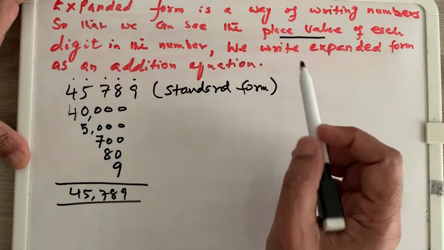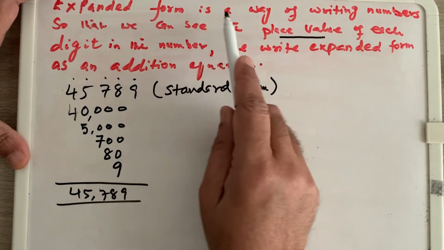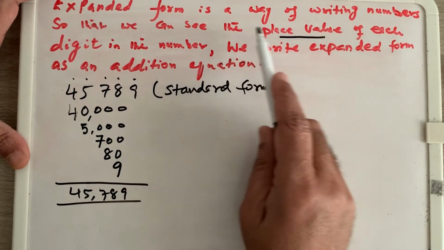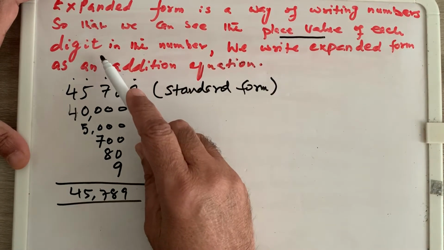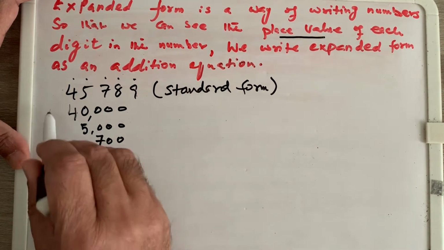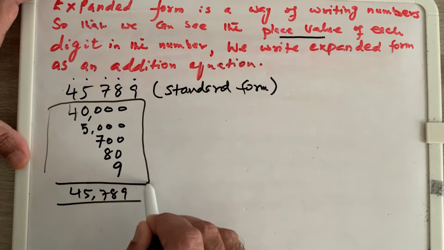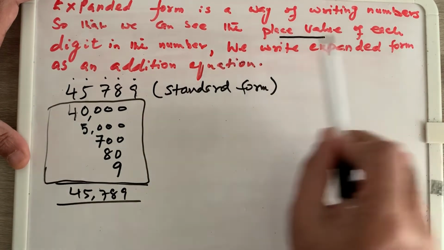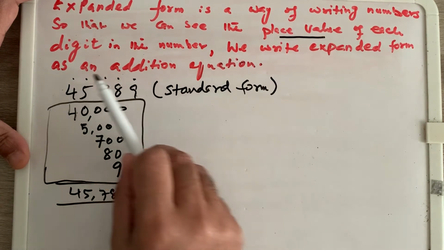So how do we address it? Expanded form is a way of writing numbers so that we can see the place value of each digit in the number. So the place value of each digit in this number is expressed here, and we write expanded form as an addition equation.